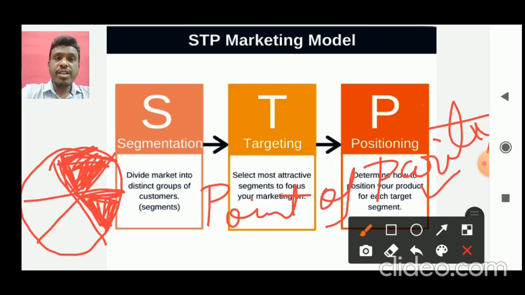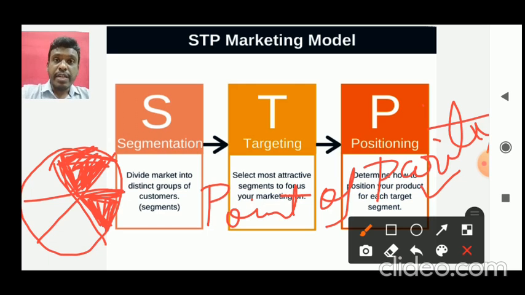For a particular segment that runs at around 60 kilometers per liter, that is the average. All the bikes of the same price within that segment come with a mileage of 60 kilometers. So your mileage should also be somewhere close to 60 kilometers per liter. If it is very less, say 20 kilometers per liter, then people may not consider you.